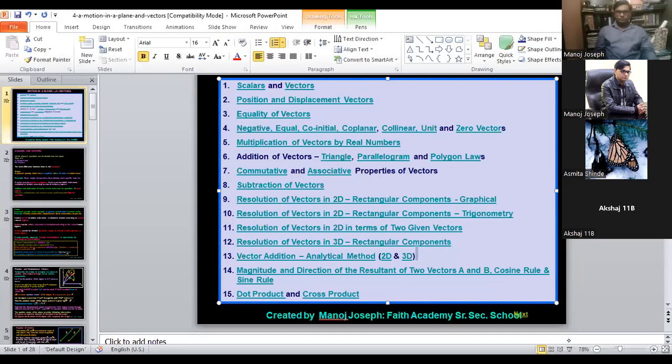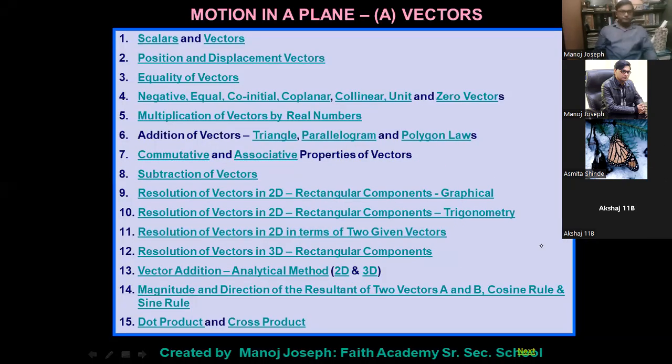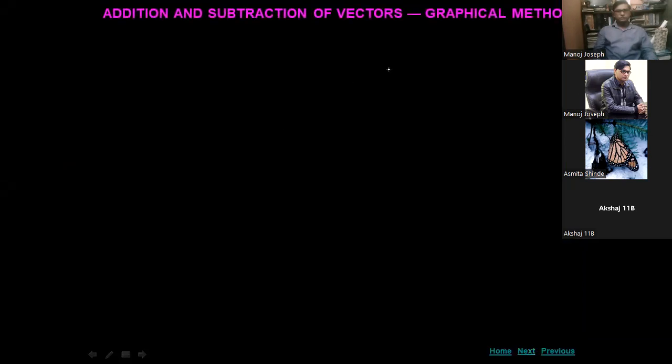After that, we will do dot and cross product of two vectors. So, addition and subtraction of vectors.